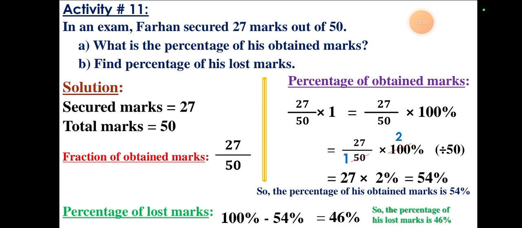Okay. Then in an exam, Farhan scored 27 marks out of 50. What is the percentage of his obtained marks and find the percentage of his lost marks? So first solution would be scored marks that are 27 and total marks are 50.